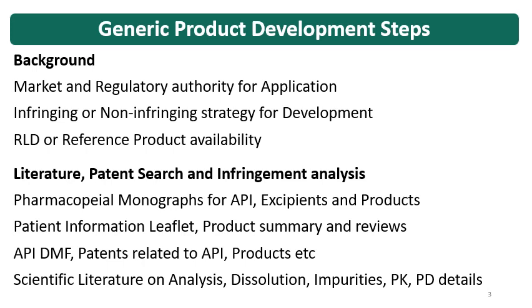So every time whenever a generic product is developed, the applicant and the people working on that product should have complete understanding about the market regulatory authority for the application, infringing or non-infringing type of formulation for the development, and reference product availability. Sometimes the reference product is not launched, but the applicants start developing the generic product.